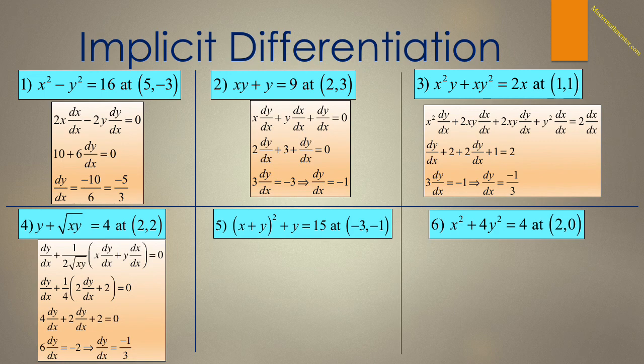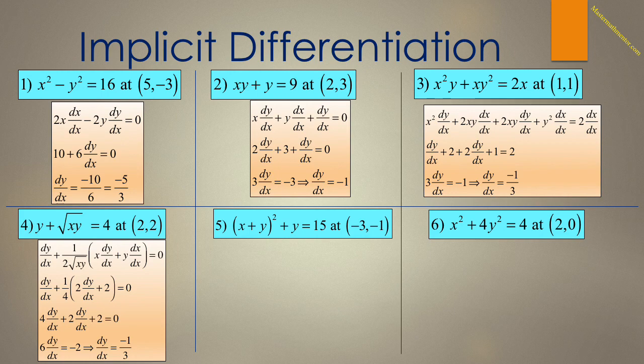Number 4, y plus the square root of xy is equal to 4 at the point (2, 2). We will consider the square root of xy as (xy) to the 1/2. Therefore, differentiating implicitly, we get dy/dx plus 1/2 times 1 over the square root of xy times the derivative of xy, which is a product, x dy/dx plus y dx/dx, is equal to 0. dx/dx is equal to 1, and plugging in the point (2, 2), we get dy/dx plus 1/4 times the quantity 2 dy/dx plus 2 is equal to 0.